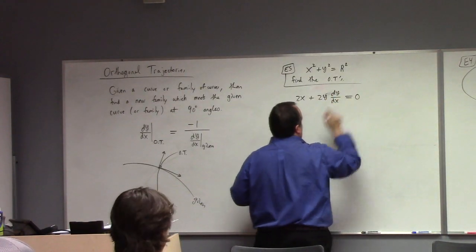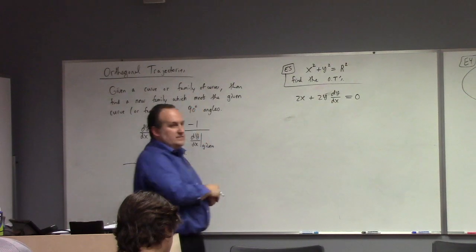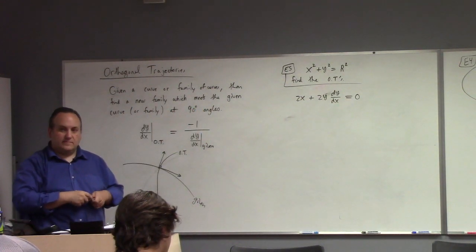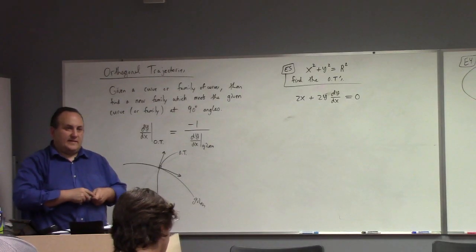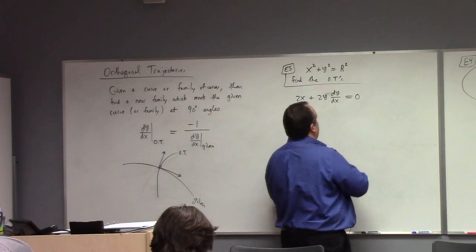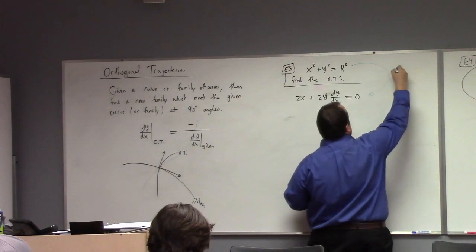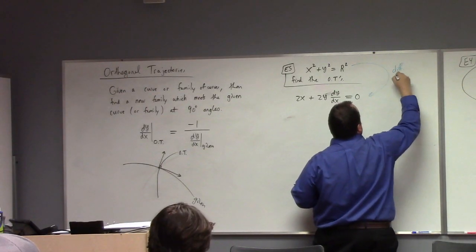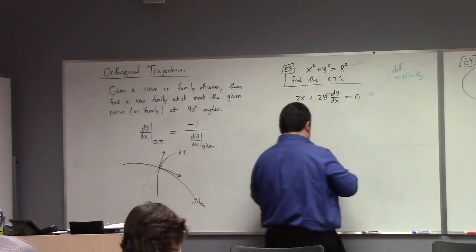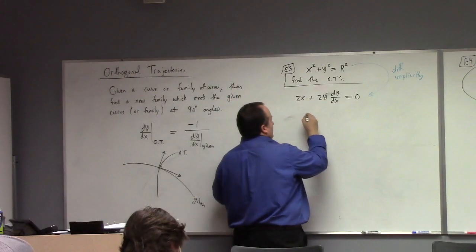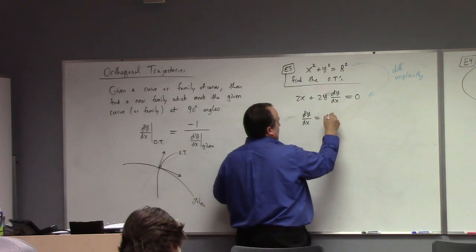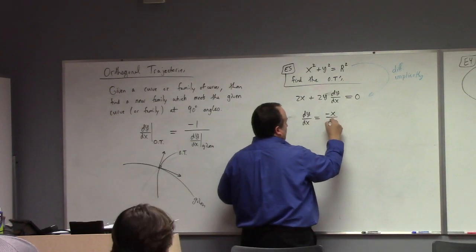This is the differential equation which corresponds to the given curve. How did I get that? I hope you guys know the deal. We just differentiate implicitly. So now this gives me that dy dx for the given curve is minus x over y.